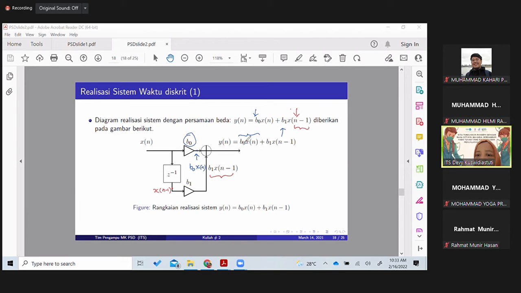Then it went through an adder, a summation between b0 xn and b1 xn minus 1. That would result in the output yn. So we could make this diagram based on the differential equation that you have for your system.